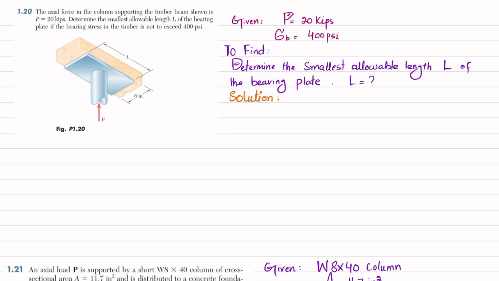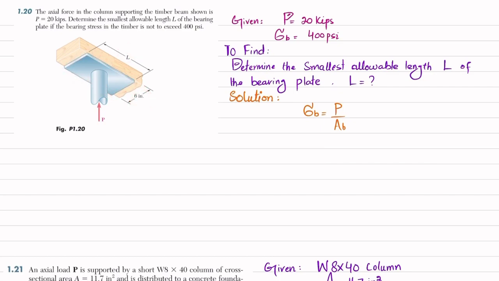We know that bearing stress is equal to load per unit bearing area. First you can see from here that this bearing plate is in contact with this timber beam. So this area is width into L, which is L into 6.